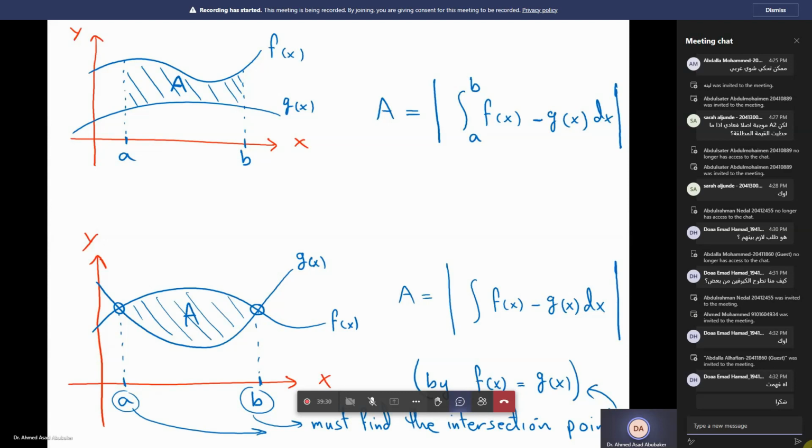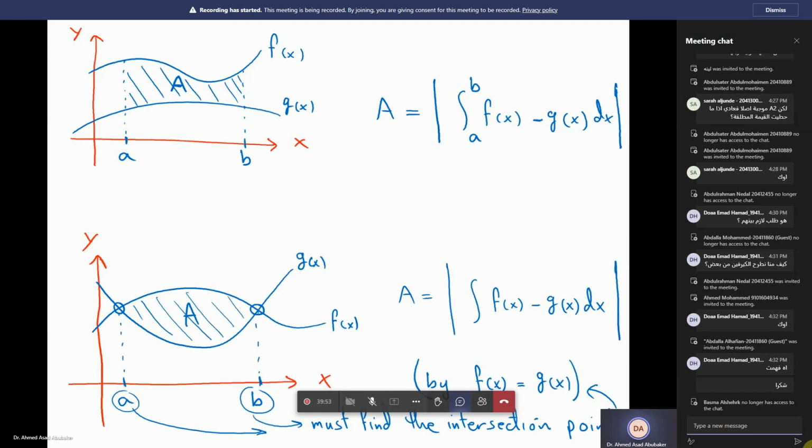Okay, this is in chapter 1, to find the intersection point between two curves or between two functions. How can we find the intersection point? By equating the two curves together. Okay, so if I ask you to find the area enclosed between f and g without A or B, you must find the A and B, the intersection points between the two curves, by using f equal g.